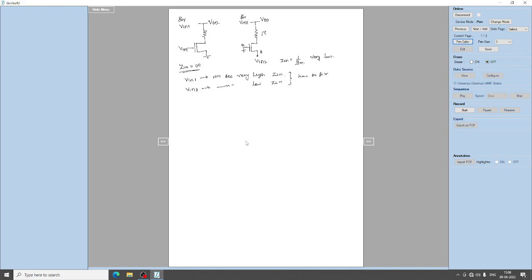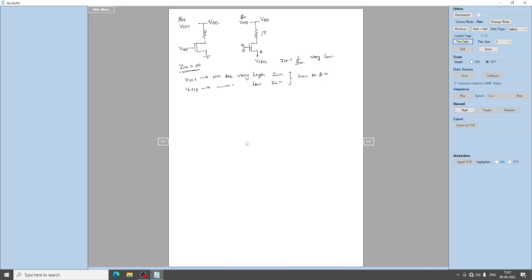I hope you understood that the common source amplifier for a differential signal, giving input 1 to the gate terminal and input 2 to the source terminal, will cause an impedance matching problem. Input 1 will see a very high input impedance, which is good for the amplifier. Input 2 with respect to the source terminal will see 1 upon gm as input impedance, which is very low.